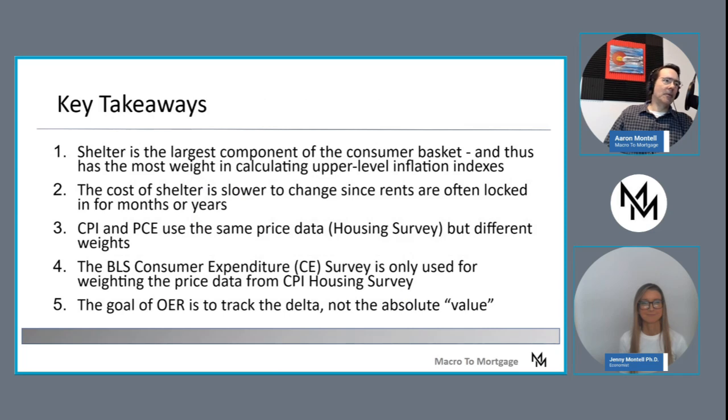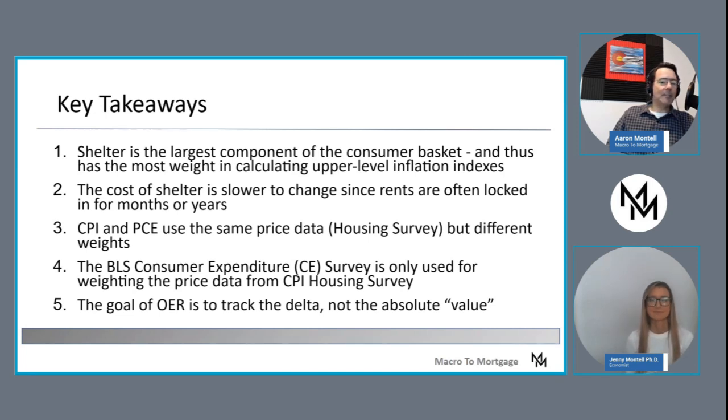So there was a lot here today, and this information is hard to find. But here are some of the key takeaways. As you mentioned, shelter is the largest component of the consumer basket, and so it has the most weight in calculating these upper level inflation indexes. The cost of shelter is much slower to change since rents are often locked in for months or even years.